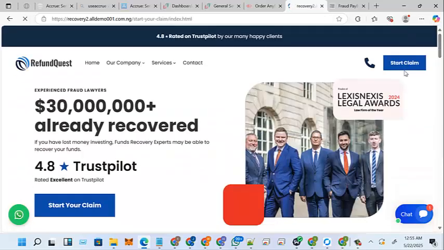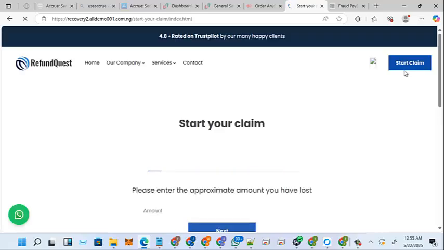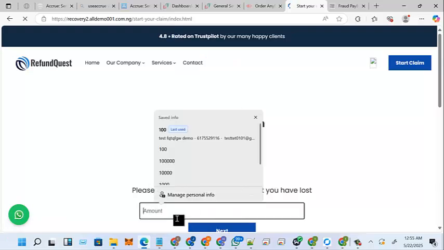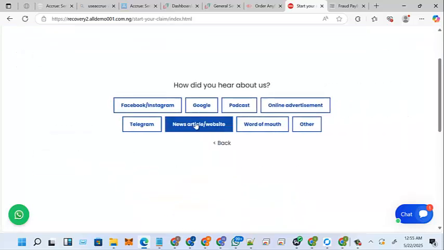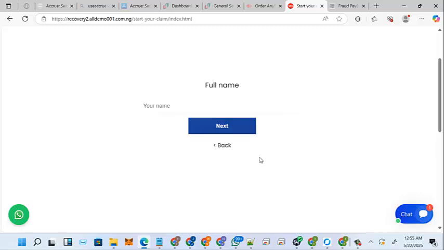You want to start your claim, you come here and fill the form. You start by entering the amount you lost. Let's say 10,000. Next, where did you get us from? Let's say Google.